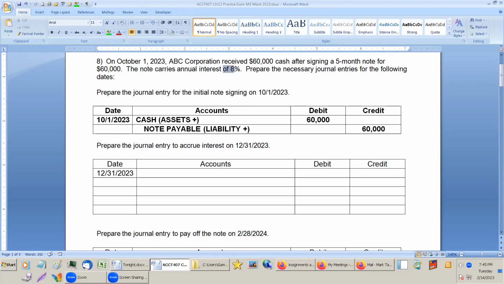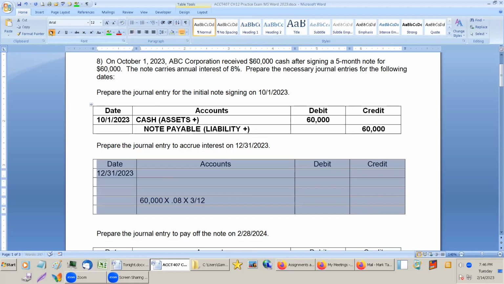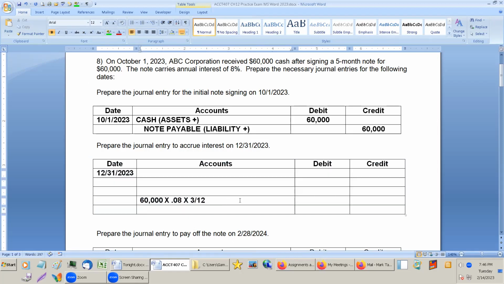And the annual interest rate is 8%. And this is for 3 months.